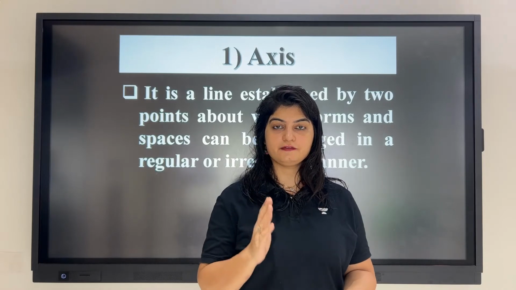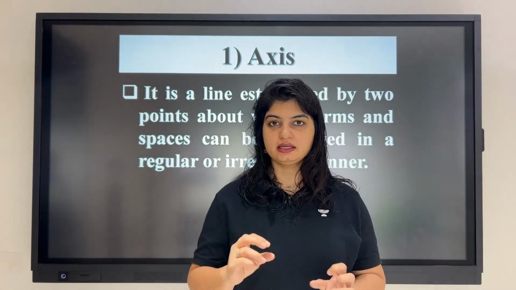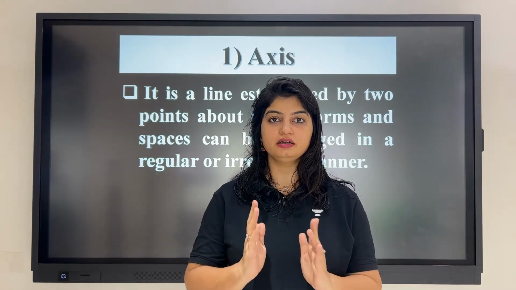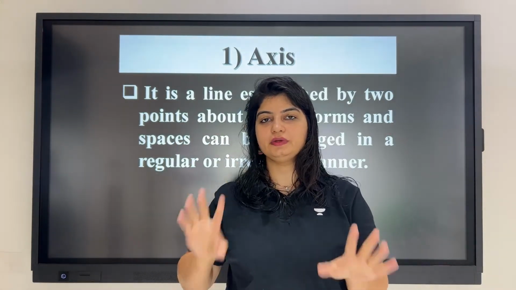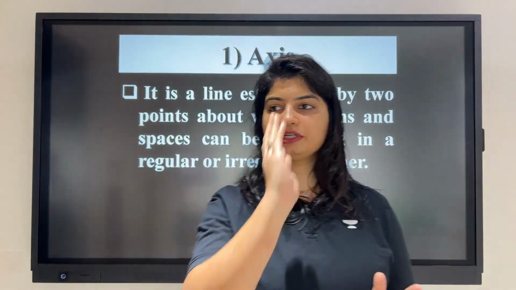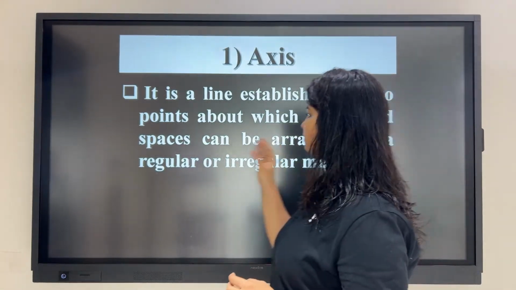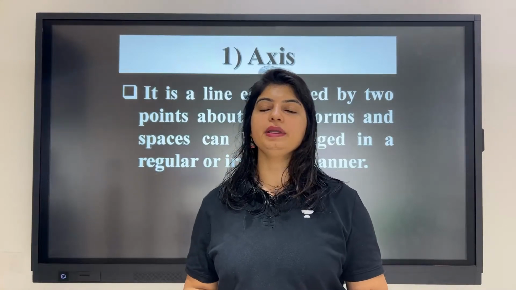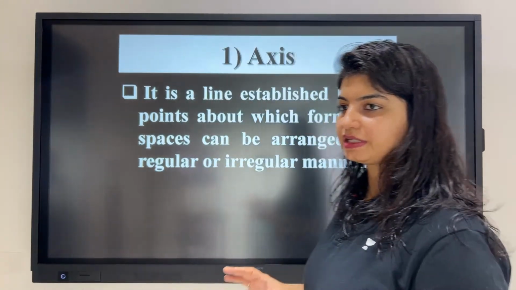If we fix the vertical axis exactly in the middle, you may see the shapes, forms and lines all coming in a regular manner on both sides. Both parts of the M are equally divided on both sides of the axis. So that is a particular line established between 2 points, around which forms and spaces are arranged in a regular or irregular form. That is basically an axis.